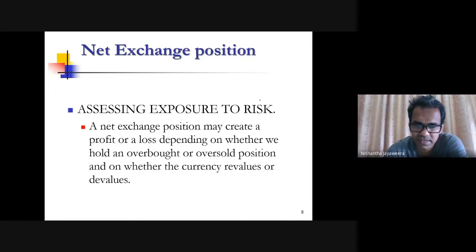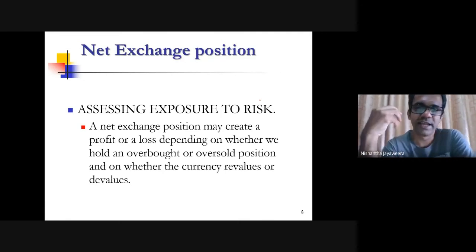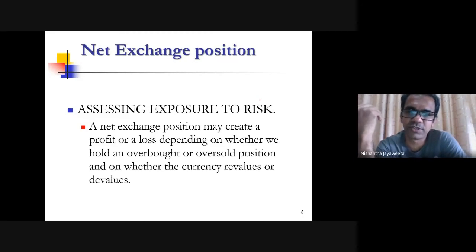So as I explained at the very beginning, the exposure to the exchange rate can be measured through the net exchange position, because that drives the profit or the loss for a movement in the exchange rate. If the exchange rate appreciates, whether we make a profit or a loss depends on the net exchange position, or the NOP.